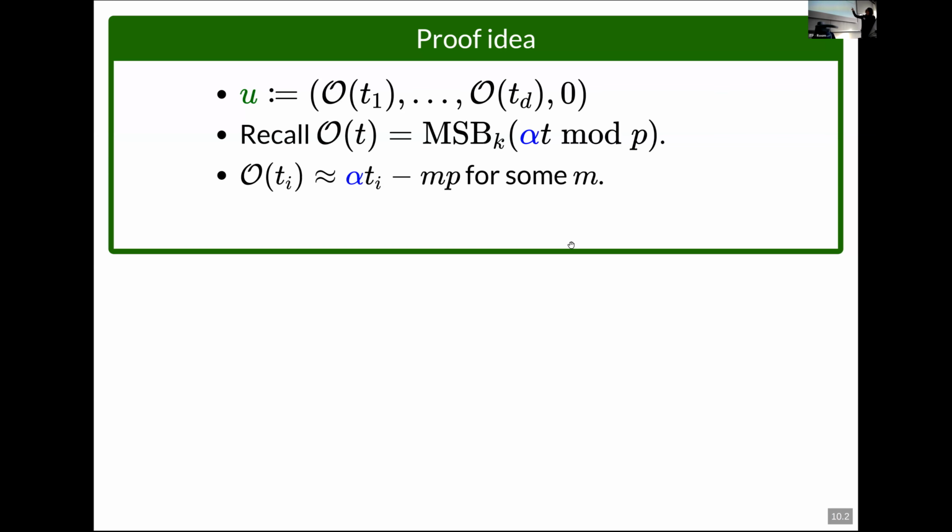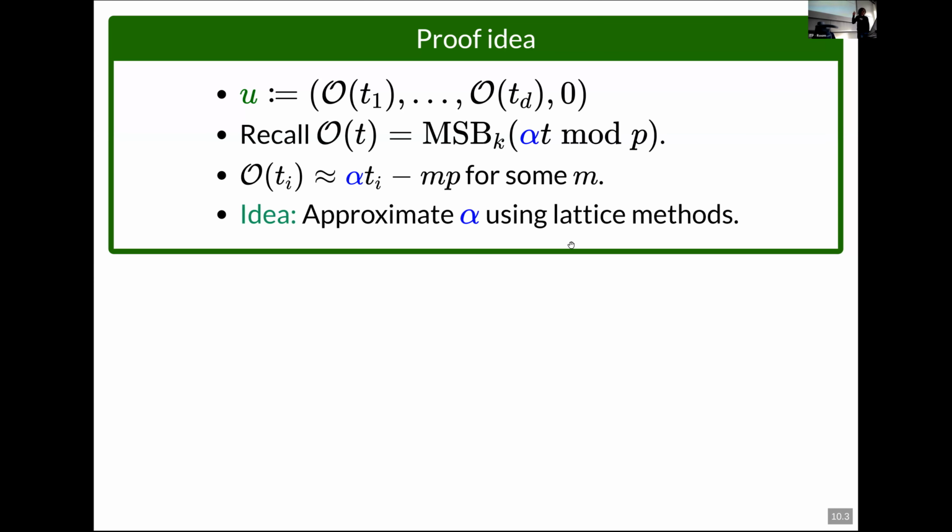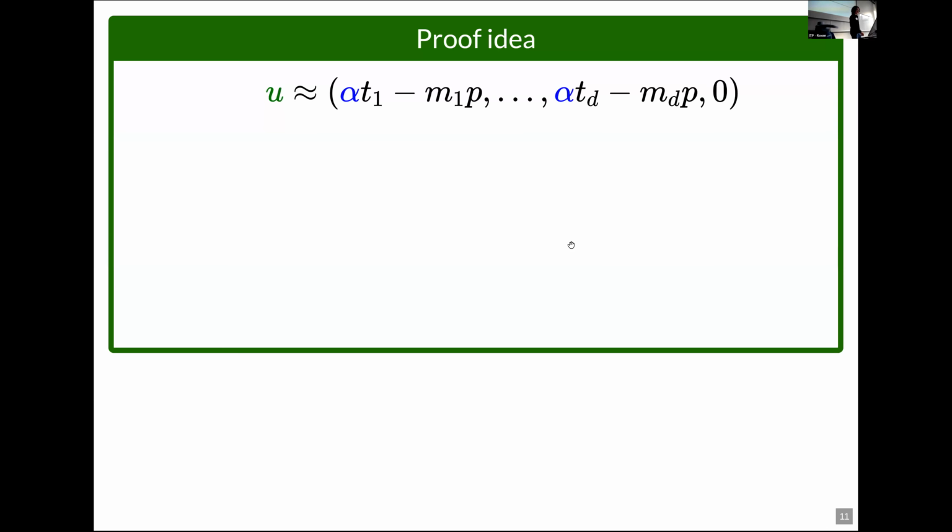And the point is the value of the oracle at t_i will be approximately alpha times t_i minus some multiple of p. That's this mod p. And because we have some information about this, this is an approximate equality. And so we're going to approximate this alpha using lattice methods. So I've plugged in that approximation to each of the components of u here.